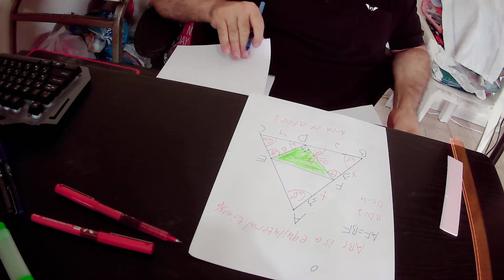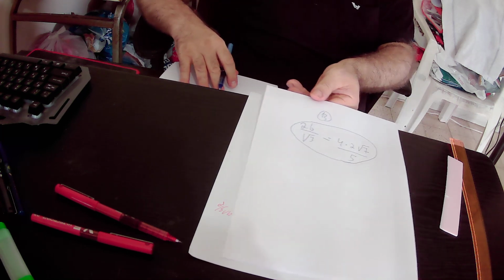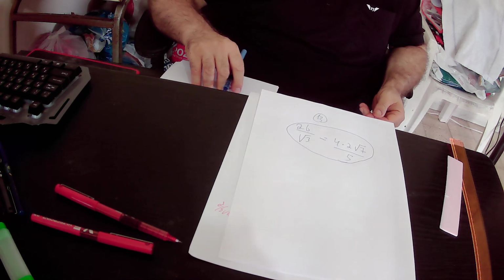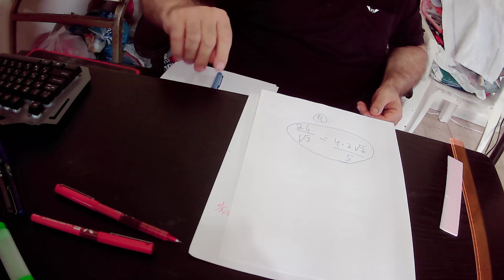We did the simple arithmetic here, and we got that 2 times b over root 3 equals 2 times 4 times root 7 over 5.